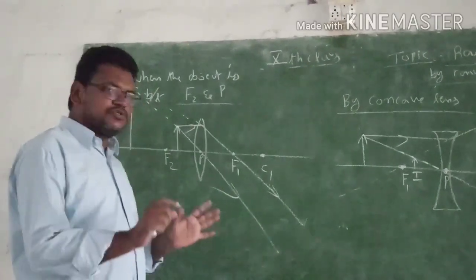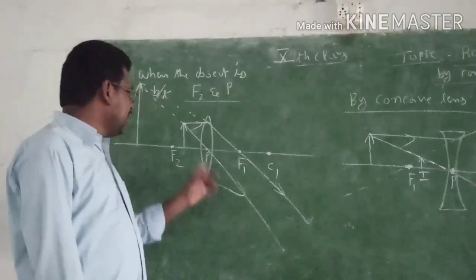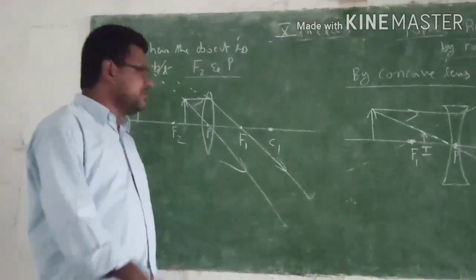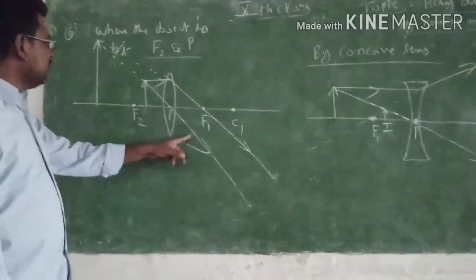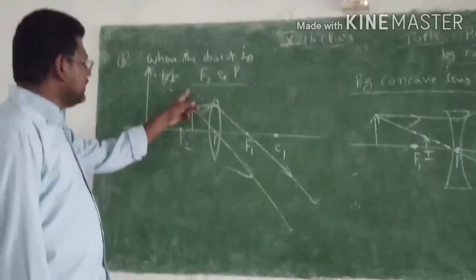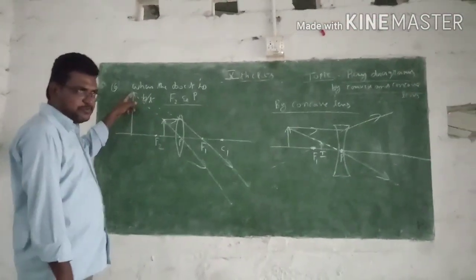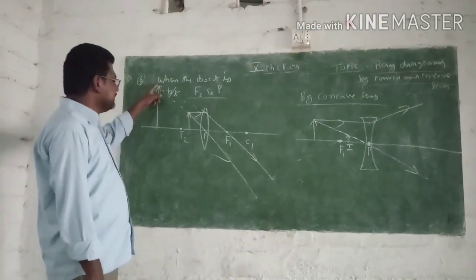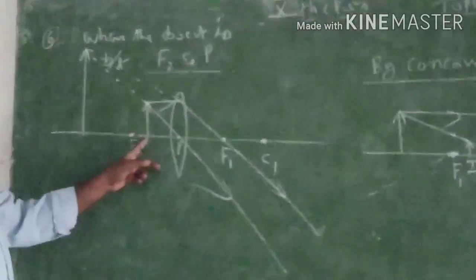That means there is no chance of formation of a real image of this object on the other side of the lens. So for this, let's extend the refracted light rays of these two. So these are the extended refracted light rays, and these two extended refracted light rays intersect at this point. Now draw a perpendicular from the principal axis to this intersecting point, and this is called the image of the object.